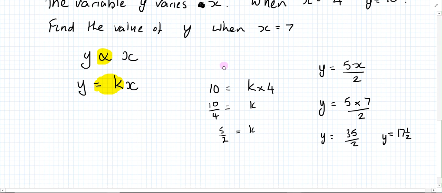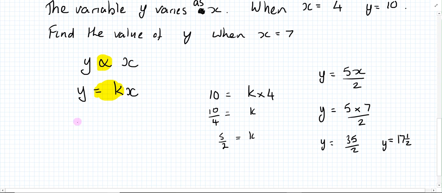I liked what Ethan said. So I can say the ratio is 4 to 10. If that's x to y, we've now got 7 to something. So how would you have done it using ratios? Divide 7 by 4, and times 10 by that.